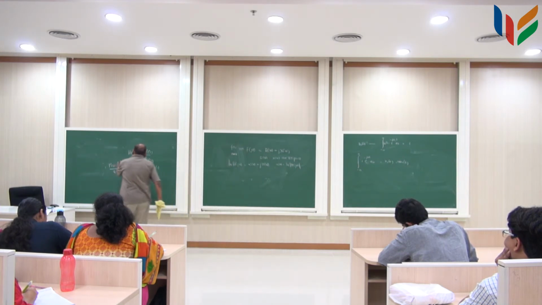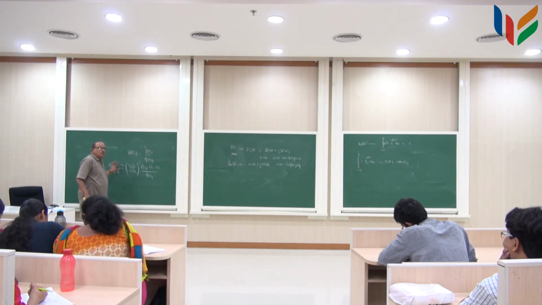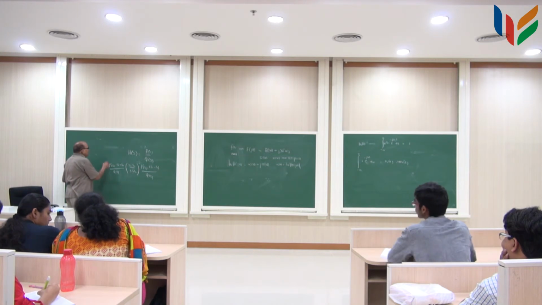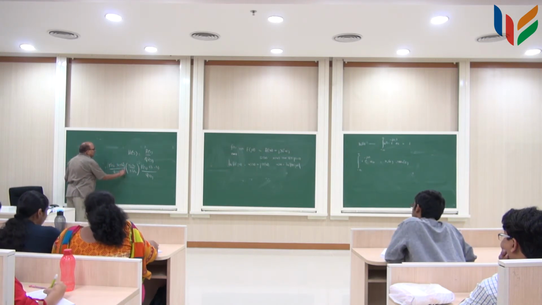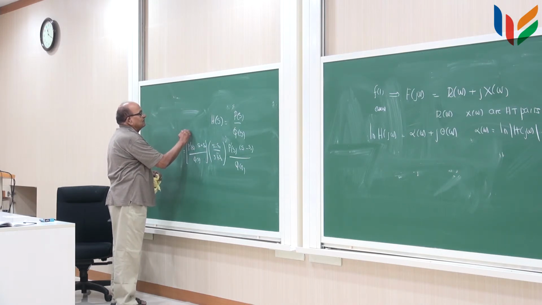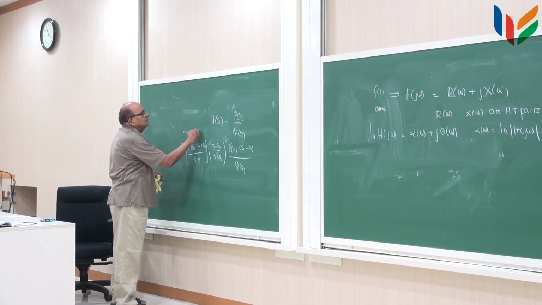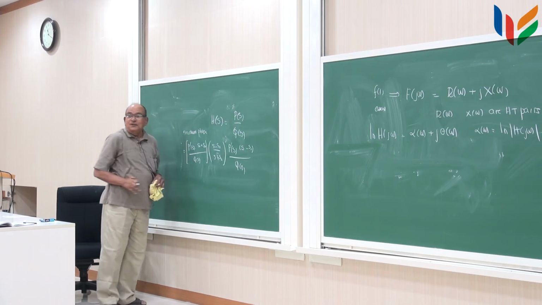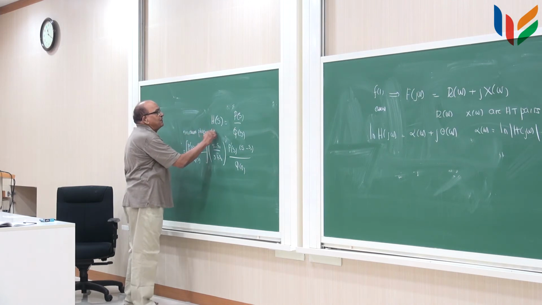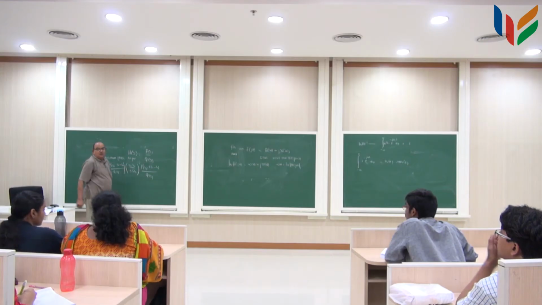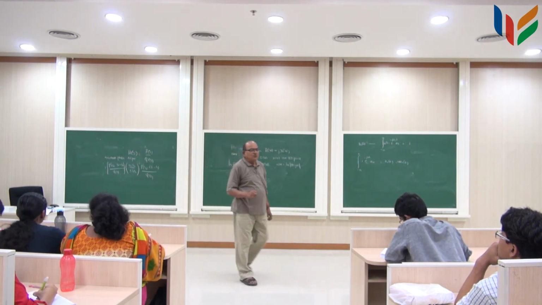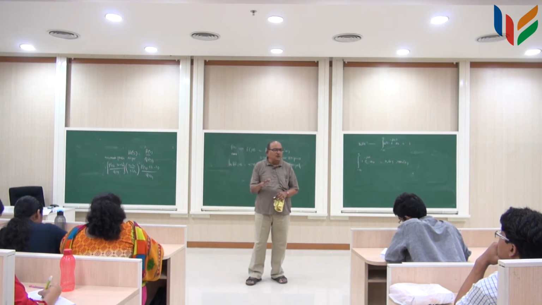Whereas what is left here is now a function with both poles and zeros in the left half plane, and people call it a minimum phase function. This is called the minimum phase part of the transfer function, and this is called the all pass function. Why is it called all pass? Because the transfer function is equal to 1 for every omega, so it passes all frequencies. The only thing is it modifies the phase.